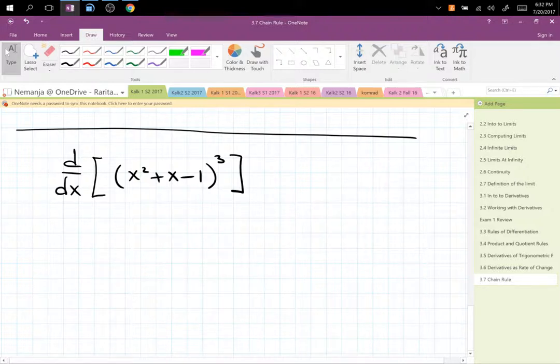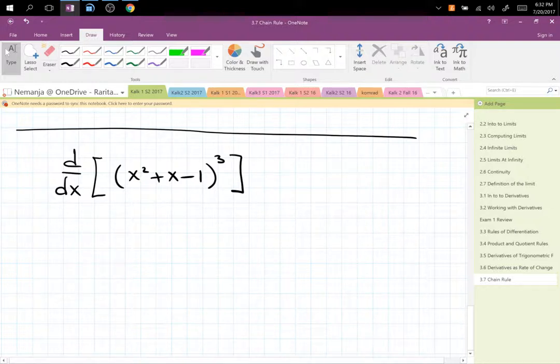X cubed. Very good. X cubed is the main. So this is that pre-calculus prerequisite that if you don't know, this section is going to be a living nightmare, and then the rest of the calculus. You have to look at this and say, the main shape of the entire problem is x cubed.